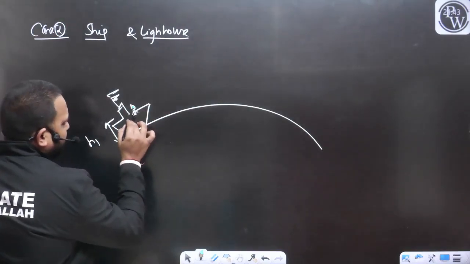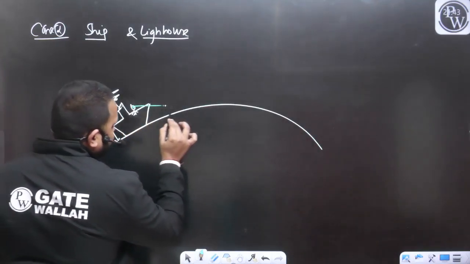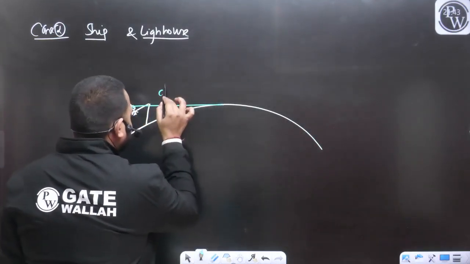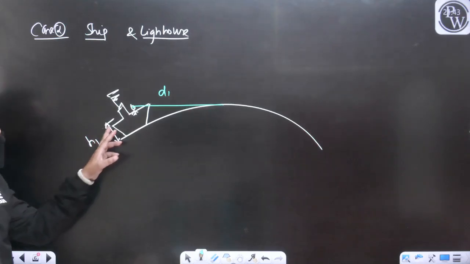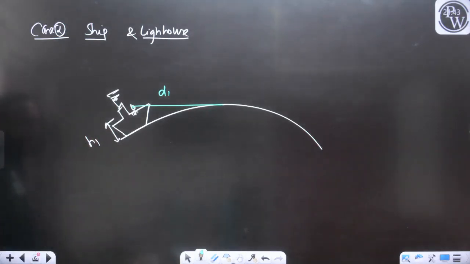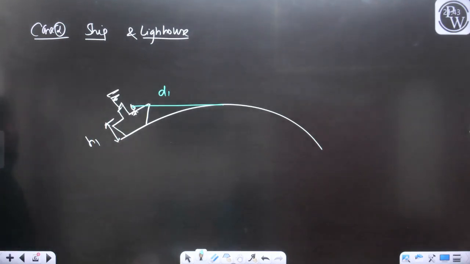So from this point, if this observer has a certain height, he or she will be able to see some distance. Yes or no? So let's say from this height h1, the distance of the visible horizon is d1.